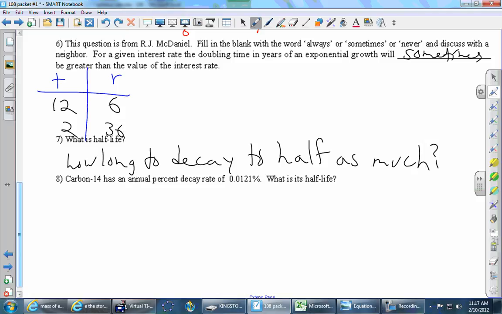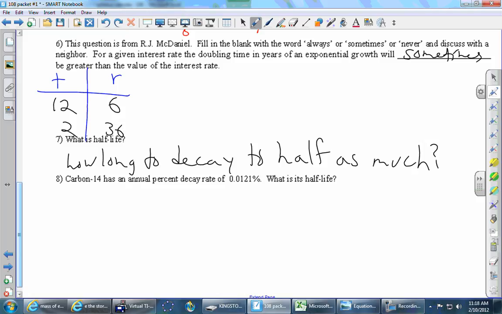All right. You guys know anything about carbon dating? Yep. Has to do with finding how old something is. Go ahead, Kyle. Yes. And we use this technique to figure out how old some really old stuff is, right?